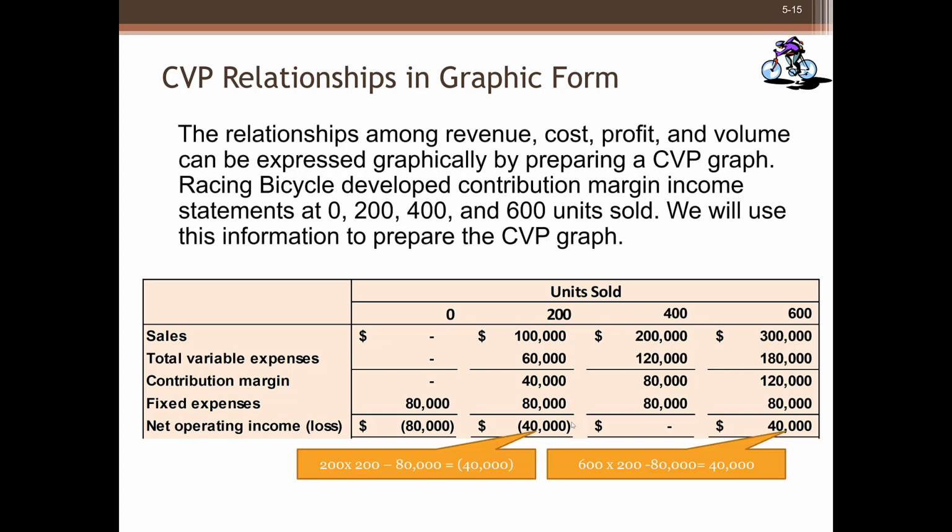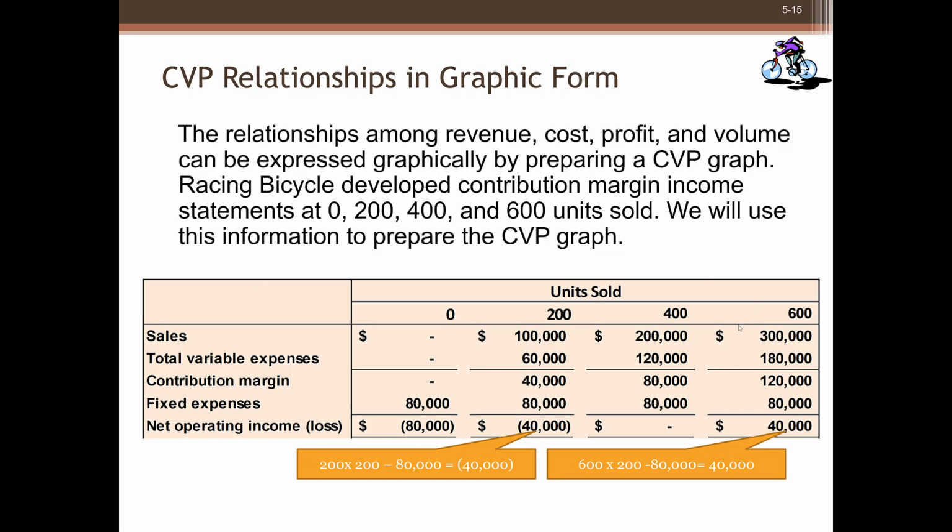For example, if RBC has sold 200 units, we use 200 units multiplied by the unit contribution margin, which is $200, minus fixed expenses, and we get a net operating loss of negative 40,000. For 600 units sold, we use 600 units multiplied by $200 contribution margin per unit, minus fixed expenses of 80,000, and we get positive 40,000.